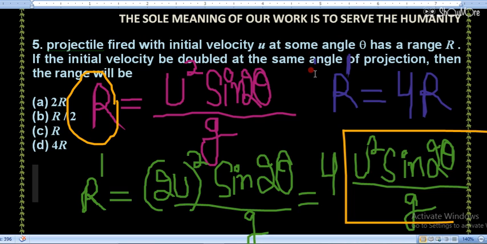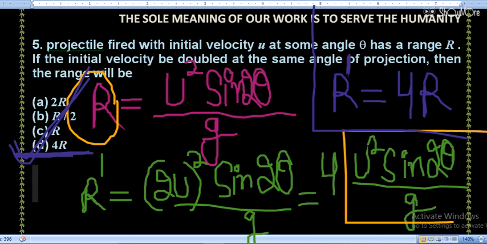So R dash will be equal to 4R for this particular question. So that means my right answer for question number 5 will be 4R. So option D will be the right answer for the 5th question.